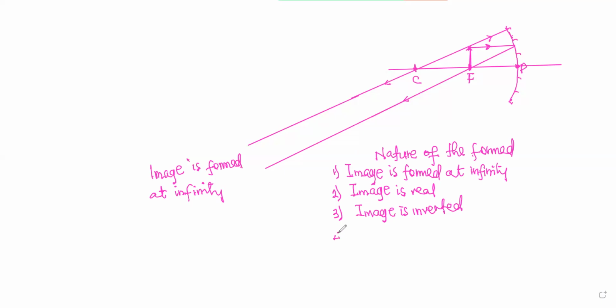And four, image is magnified. These are the four characteristics of the image formed when object is at infinity.